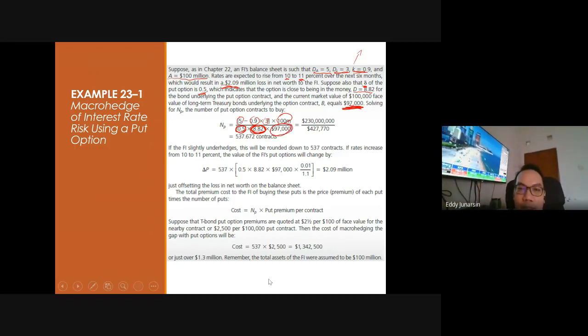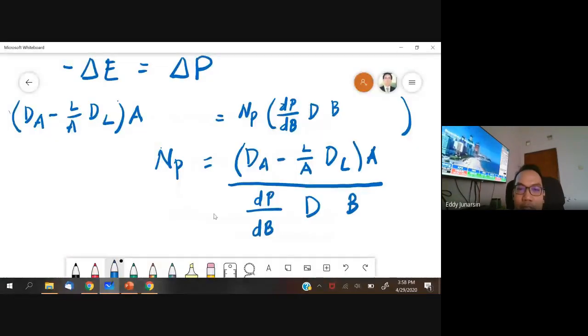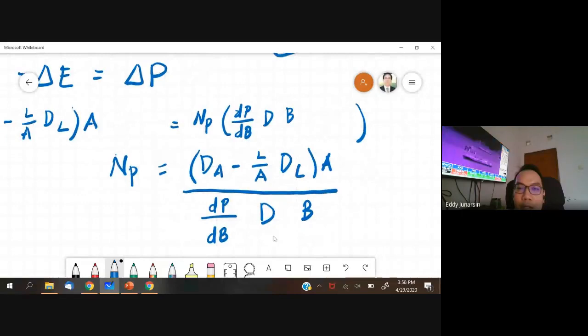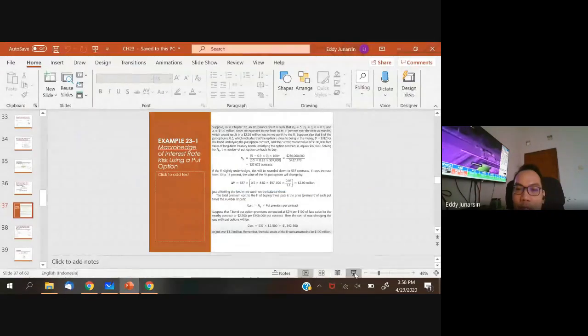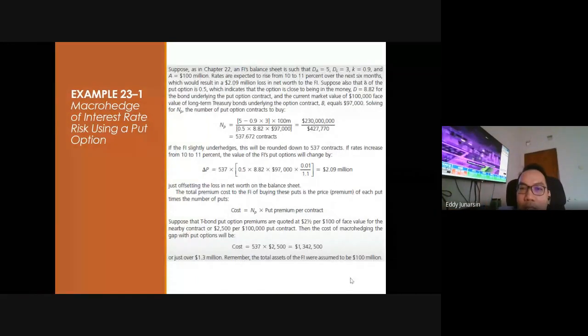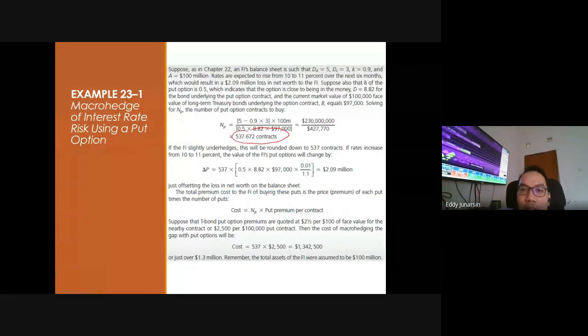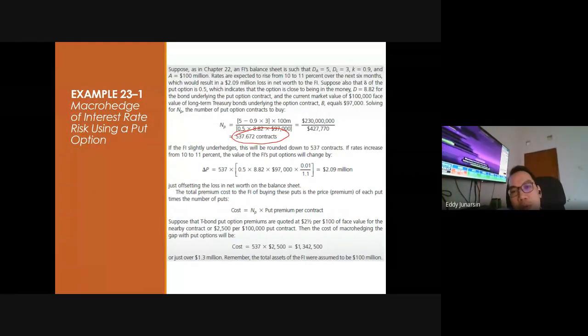Okay, this exactly fits our equation here, and we get how many contracts? 537.62. So we have to round it down to 537 contracts.